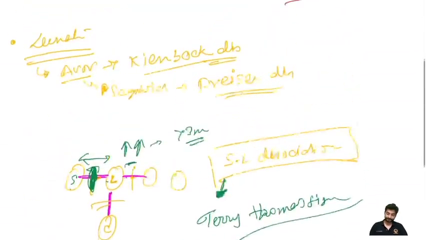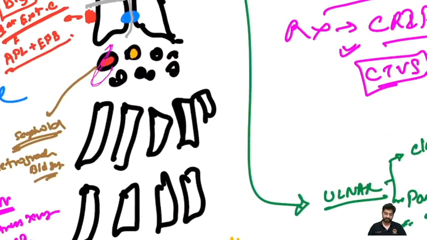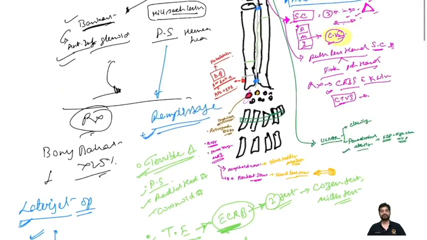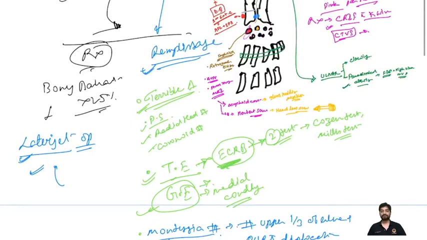So let's complete this carpal bone part. Let's go to your metacarpal region. We'll discuss this metacarpal. We are touching only the important points. If you want to know in depth regarding all those things, you should visit the extended video or the complete videos, which are already in the app.